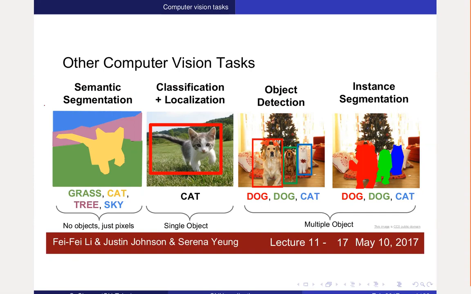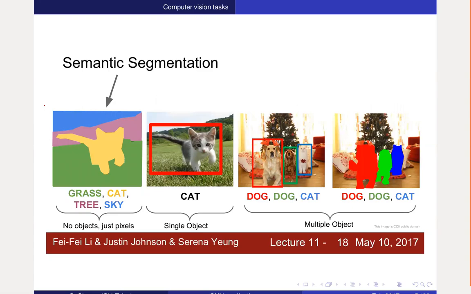So we start with semantic segmentation. You have the entire image, and you want to classify each pixel to determine what kind of pixel it is. In this nice example, these pixels correspond to grass, here is the cat, there's the sky, and there are the trees.